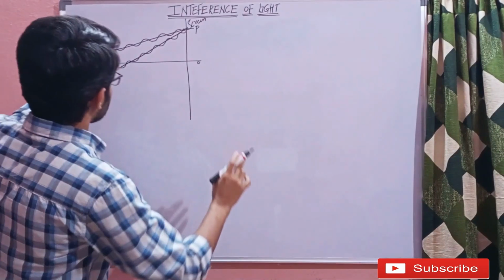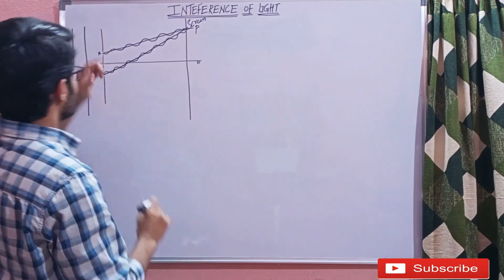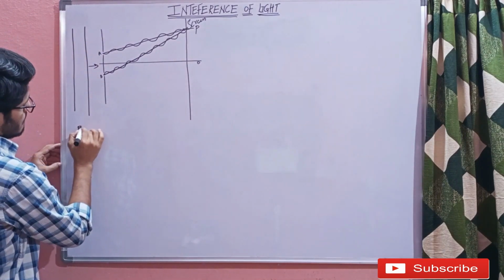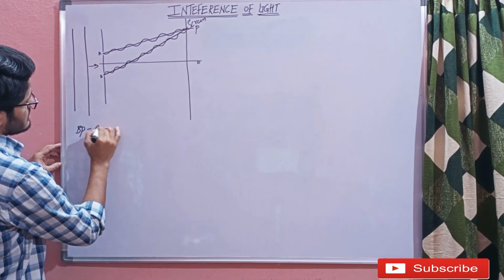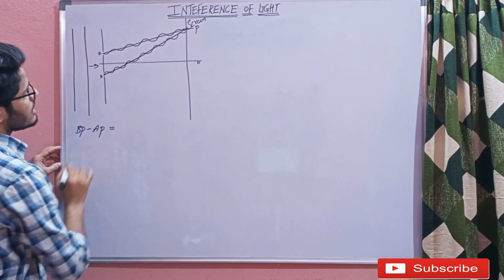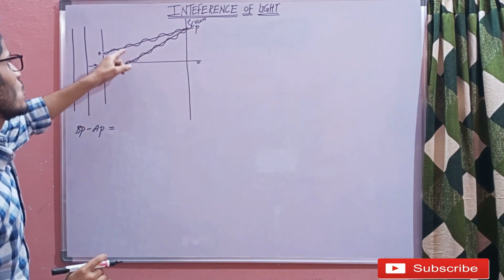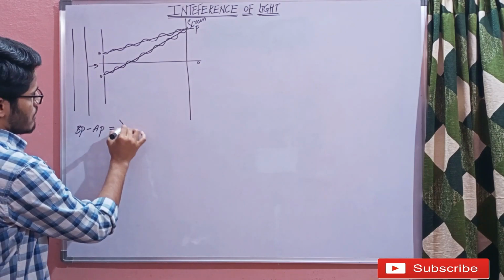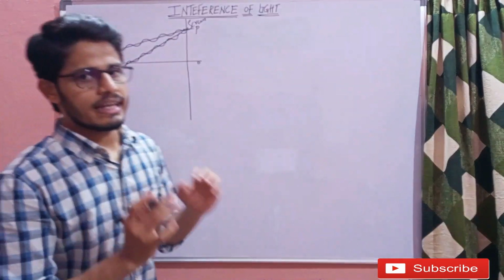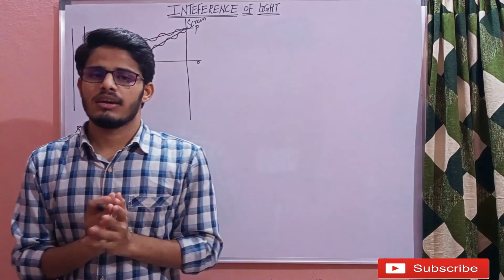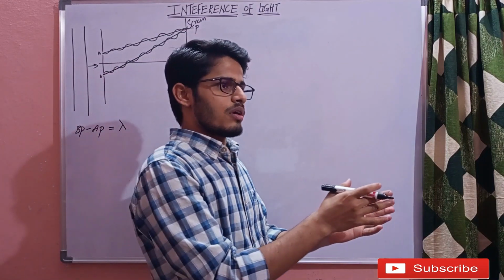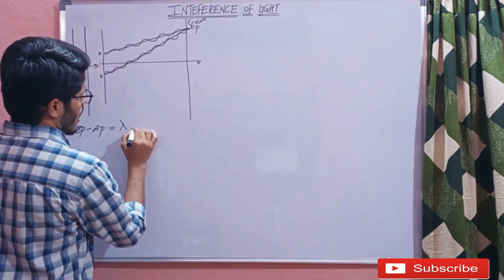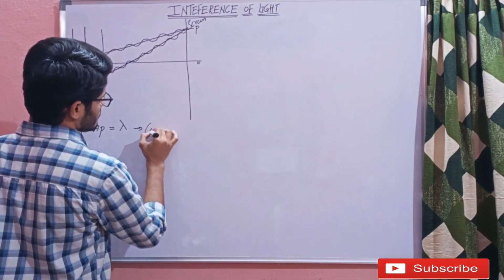For that purpose, we have to find the path difference. BP minus AP: if the path difference between these two light waves comes out to be lambda, we will get a bright spot there, or we can say constructive interference will occur there.